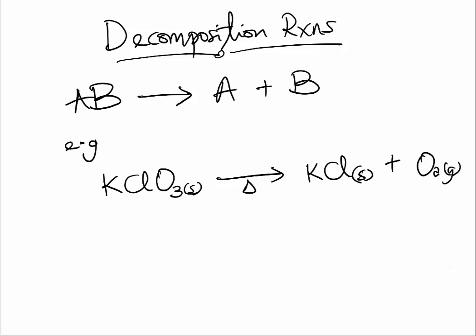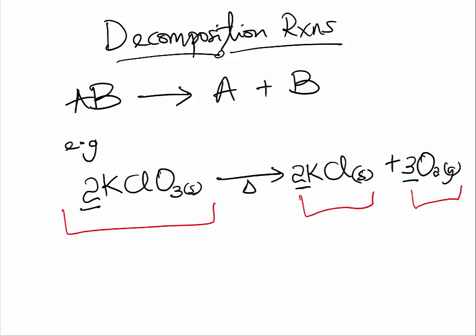Let us balance the equation. There will be a 3 here, there will be a 2 here, and there will be a 2 here, and the equation is balanced. This is a decomposition reaction because we started with something that is bigger and we ended with some things that are smaller.